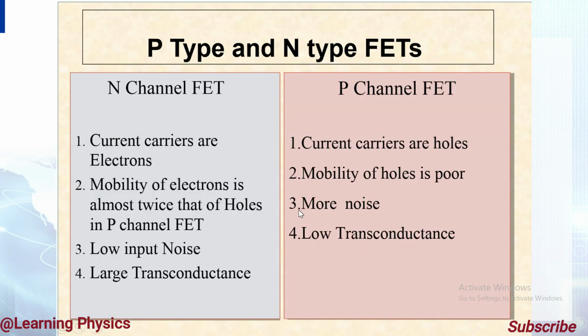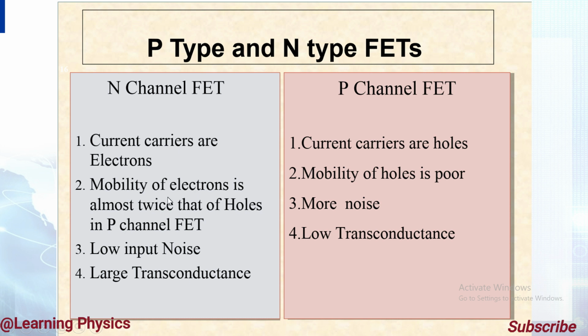And these are the differences between p-type and n-type FETs. In n-channel FET, current carriers are electrons, and in p-channel FET, current carriers are holes. Electrons have negative charge and holes are positive charge carriers. And mostly we use n-channel FET.